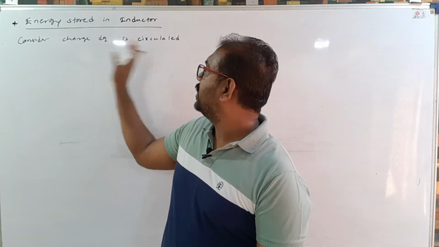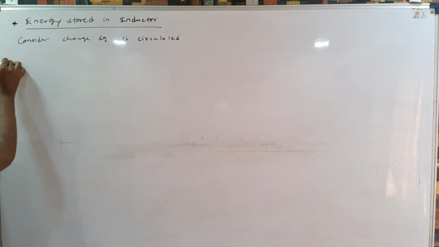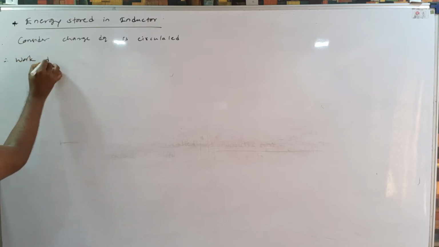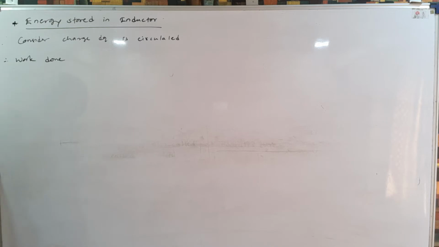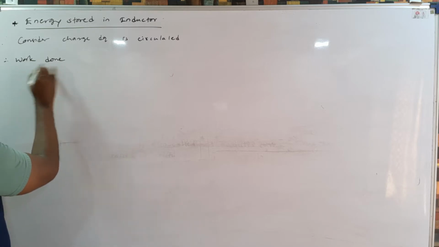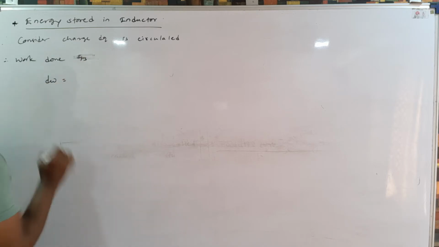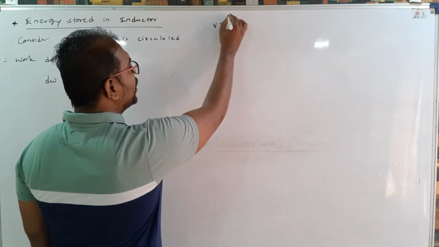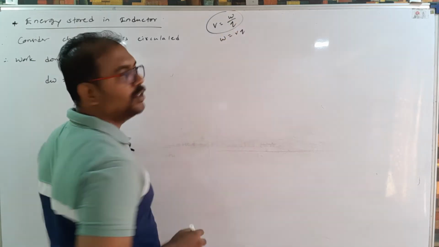When charge dq is circulated, some work is done. So work done to circulate a charge dq, I directly write it here, so I can write dW. So we know the formula of potential, W by Q. So by that formula, work done we can write as potential into charge.